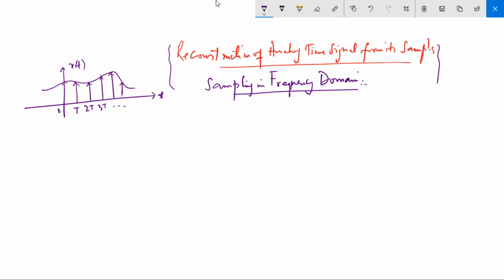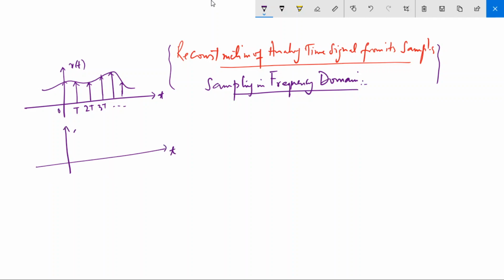Let me explain the sampling in more detail. You can get the sampled signal by multiplying this continuous time signal with an impulse train.